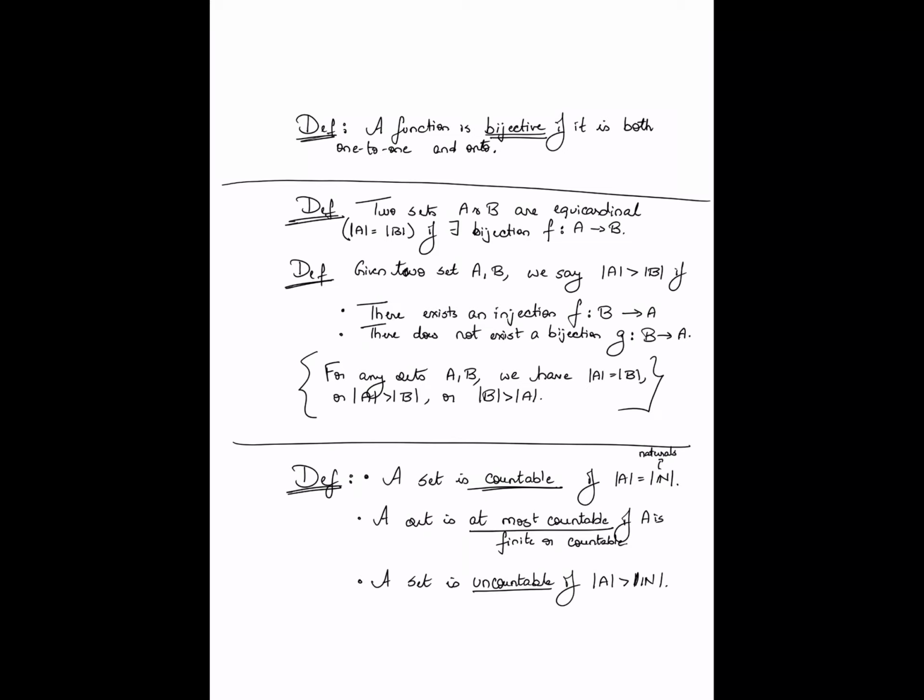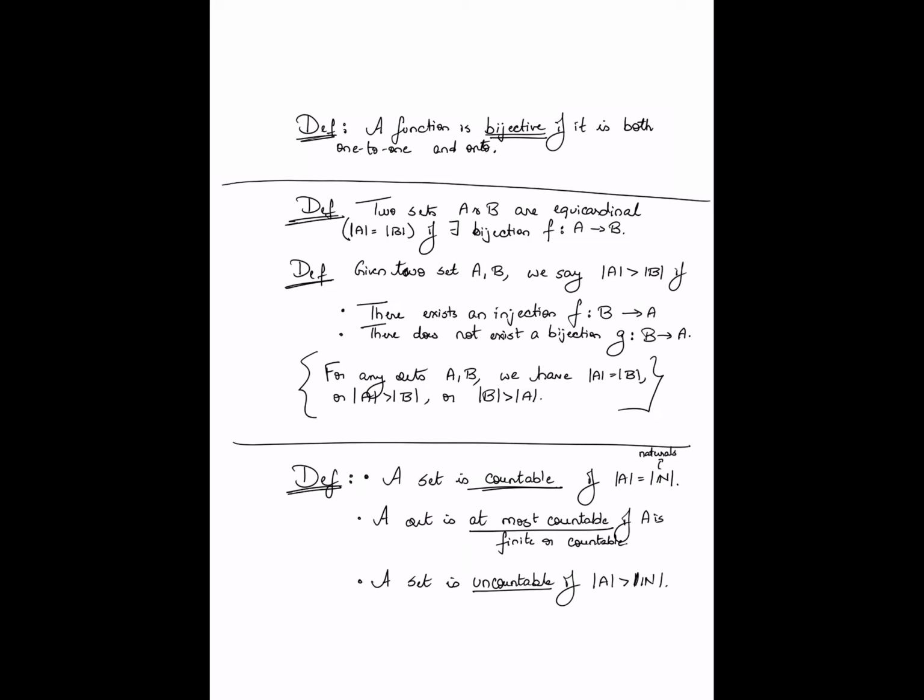But it is sometimes useful to also have some name for sets which are either finite or equicardinal with the naturals. Okay, so such sets we are calling at most countable. Certain people just call that set countable. Okay, so you can have slightly different variations on this definition depending on which book you refer to, but the notation that I'm using here is certainly consistent with Rudin as well as Terence Tao.